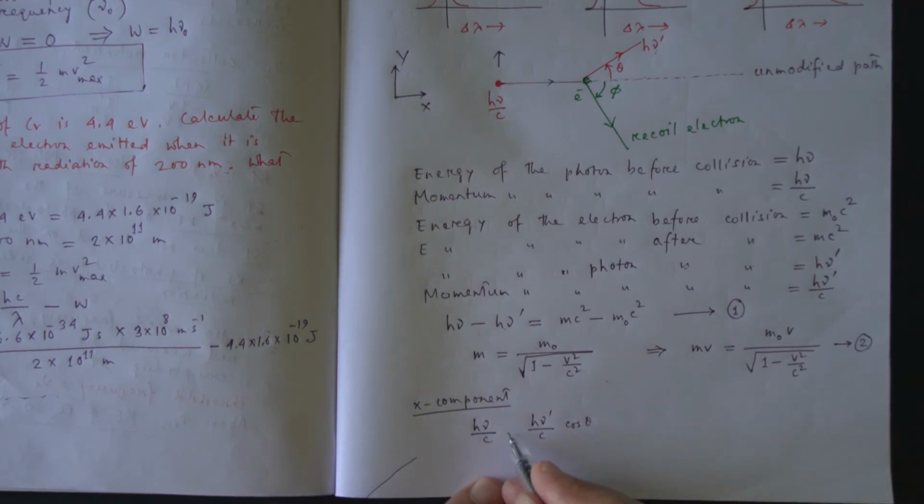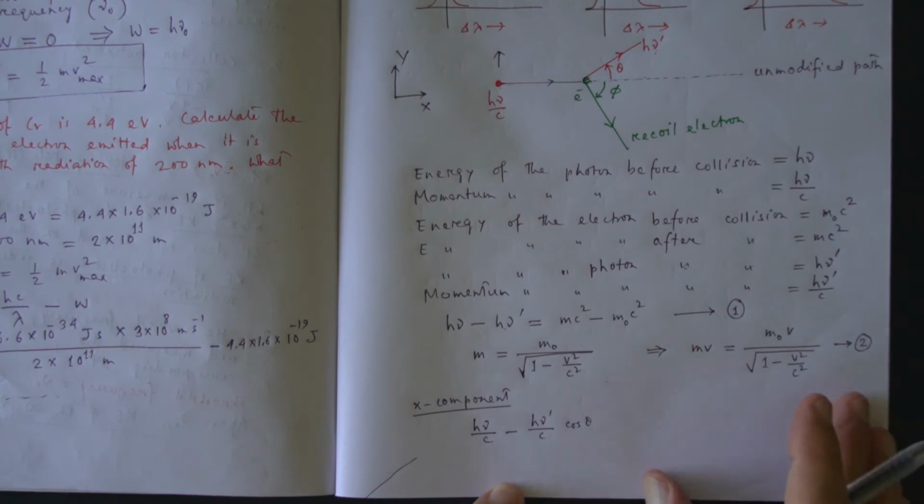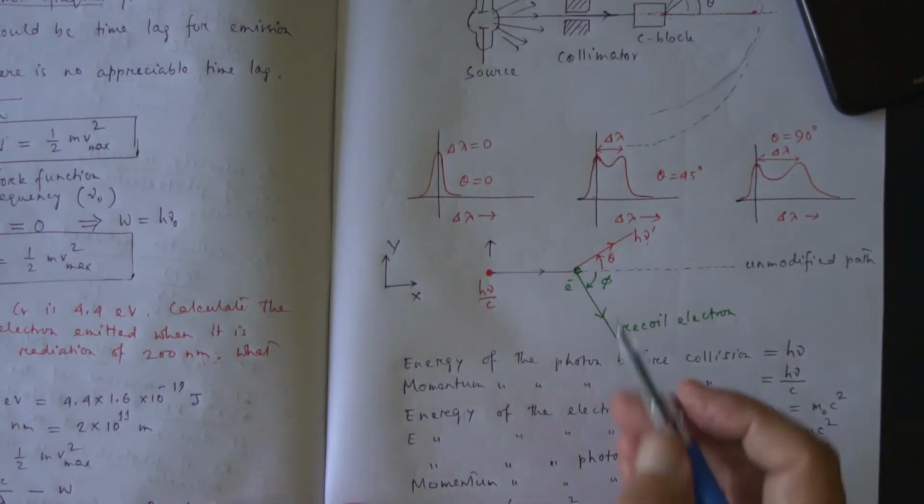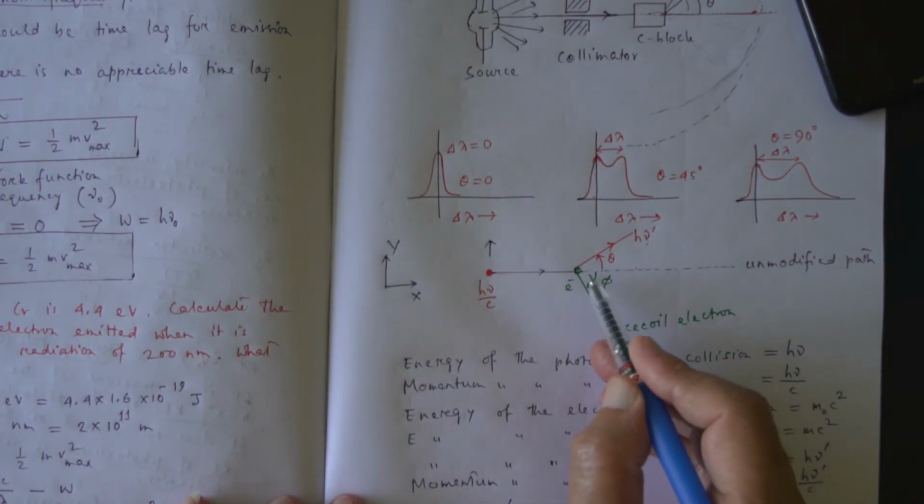So what is this change in momentum? Change in x component of momentum is this, and this much momentum is gained by the electron. So what is the x component of momentum of the electron?